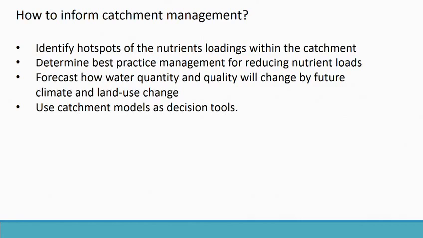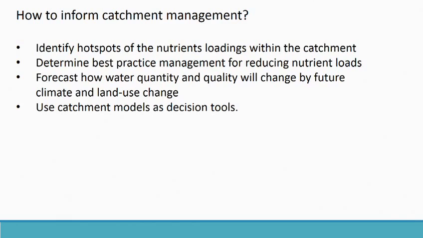Another thing is the determination of best management practices, such as where to put the sedimentation pond or where to put the wetland treatment system to actually reduce the nutrient load. That kind of information would be really helpful. And another thing is how the water quantity and quality will change in the future because of climate and land use change. If that information is there, then it will be very helpful.